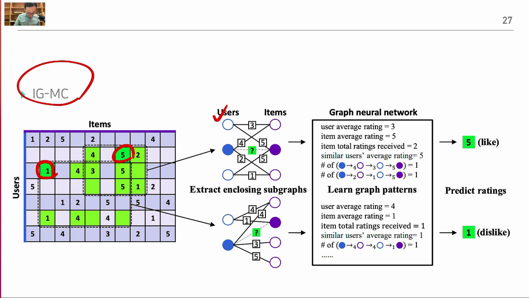So where is the user? Here, 3, 5 we have. What about the third one? It's connected to the 1 and 5. This one.